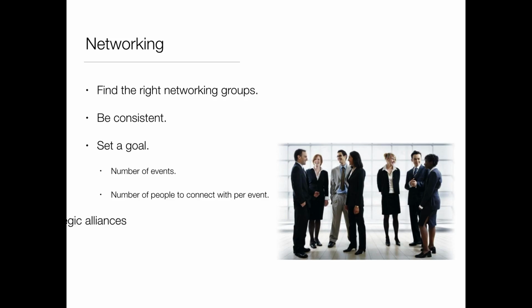So depending on the number of people that you want to connect with or the people that you do connect with, my goal is always the same. I always want to meet at least 2 potential strategic alliances. So I meet as many people as I can to try to find 2 people that I think I really could connect with that would be good strategic alliances for me.